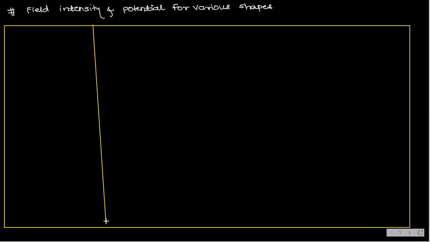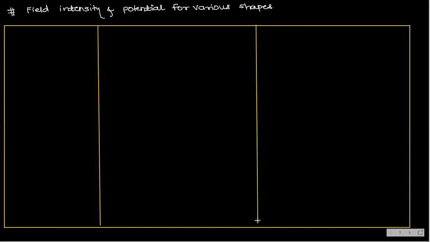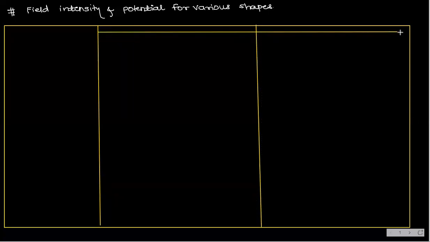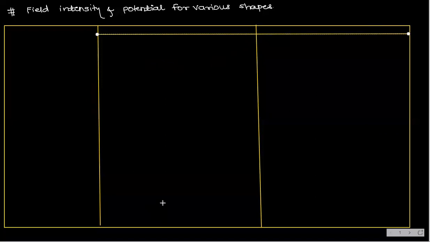The first one I am taking is for shape. Next column, these two columns I'm making, big columns. And in this again I'm making three sections.